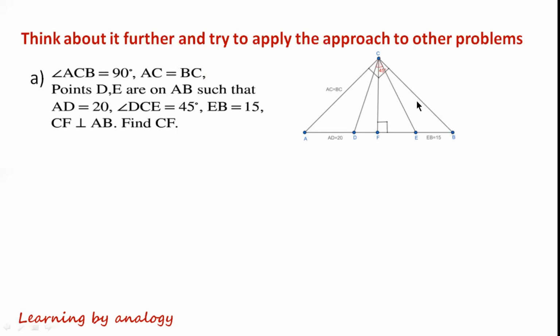Points D, E are on AB such that AD equals 20. Angle DCE equals 45 degrees. EB equals 15. CF is perpendicular to AB. Find CF.